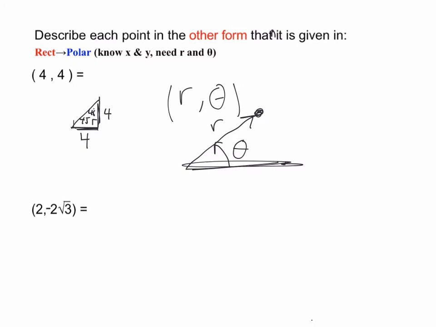No matter what quadrant we rotate to, the hypotenuse is always going to be our r. You could do the Pythagorean theorem, but this is a 45, 45, 90 triangle, so I already know the hypotenuse is 4 times the square root of 2. So the point (4, 4) in polar coordinates would be an r of 4 times the square root of 2, comma, 45 degrees.